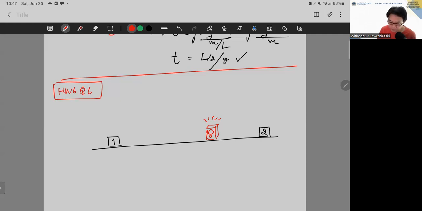Does that make sense? So let's assume the distance from the first observer is x. Then the distance to the second observer is going to be 110 minus x.